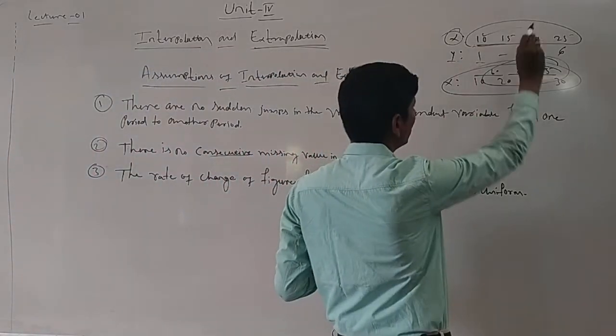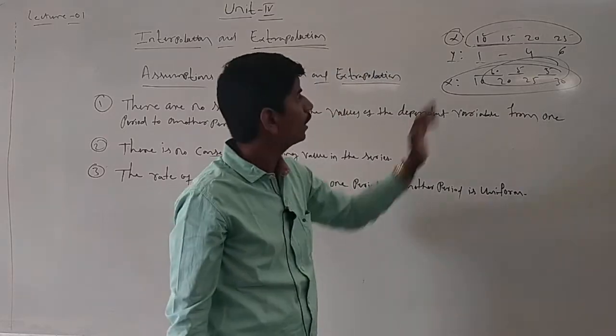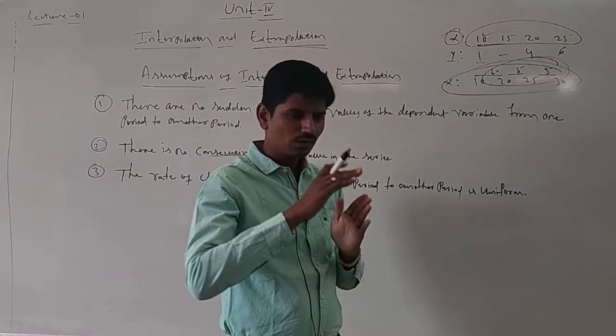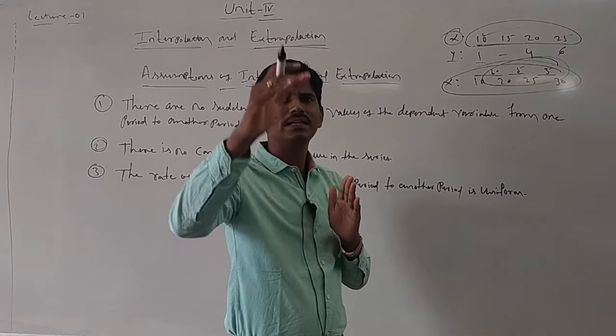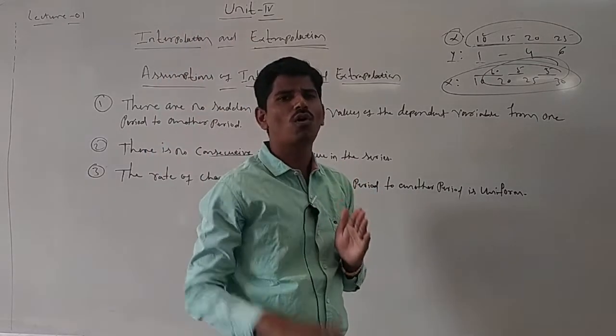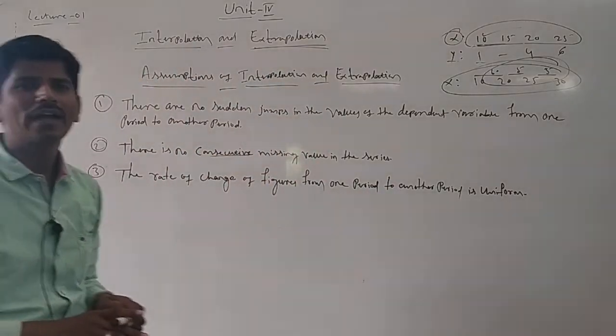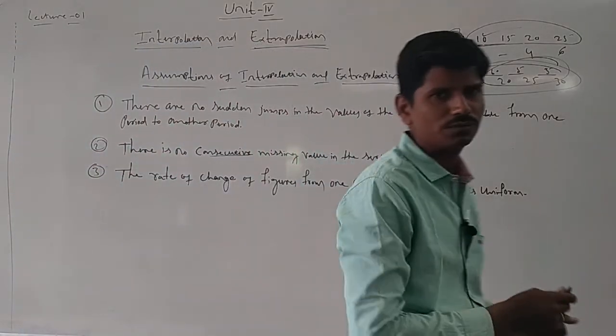The width of the independent variable values should be equal, that is 10, 15, 20, 25, or 10, 30, 50, 70, 90 and so on. These are the three assumptions of interpolation and extrapolation.